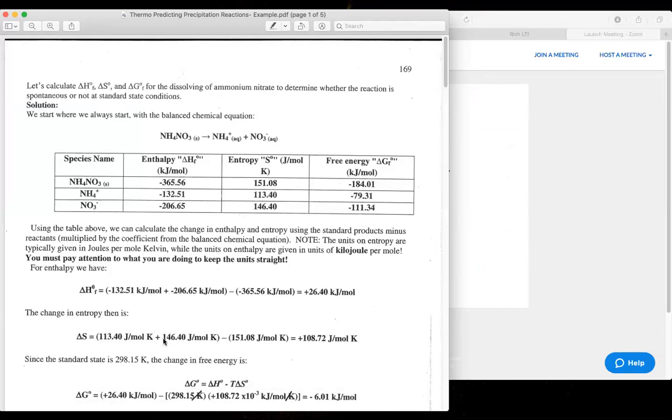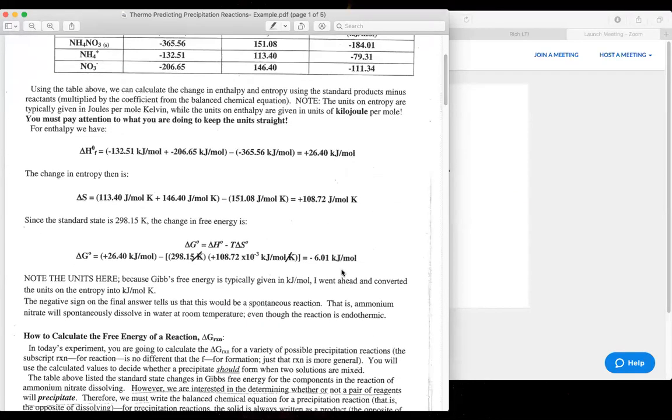You're going to use these values. However, this is in joules, so you have to change to kilojoules, and then you plug into the equation. All of these are standard state, and if we plug into this equation, we end up with a negative value.